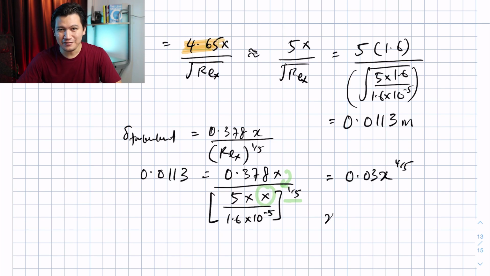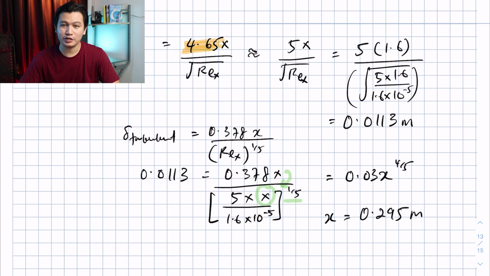Can you find x now? Of course you can. x is equal to 0.0113 divided by 0.03, everything to the power of 5 over 4, and you'll end up with x equal to 0.295 meter.